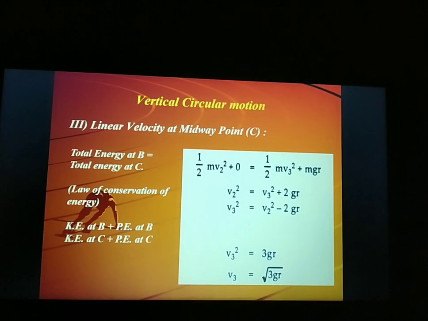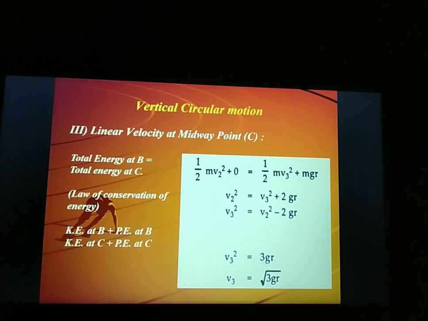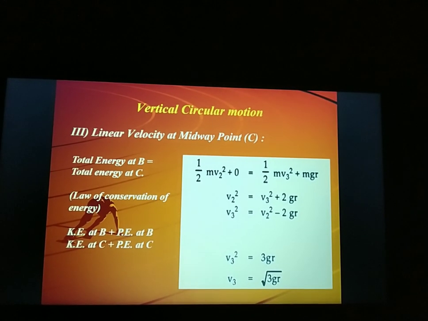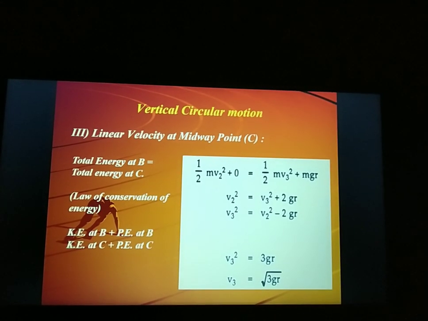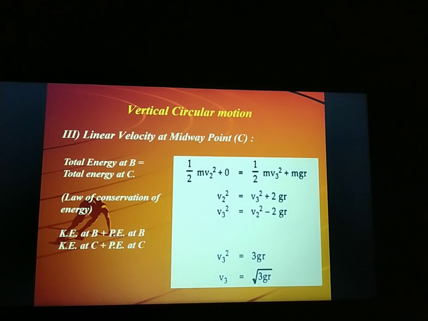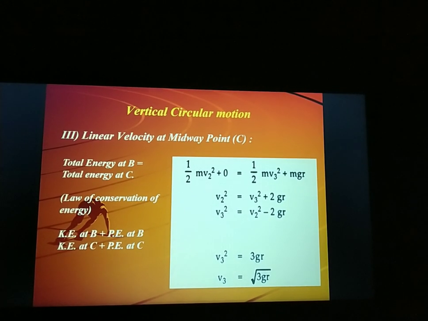Next is linear velocity at the mid position. For the mid position, we can consider that total energy at point B, the bottom, is equal to total energy at point C, the mid position. At the bottom, total energy will be kinetic energy plus potential energy.